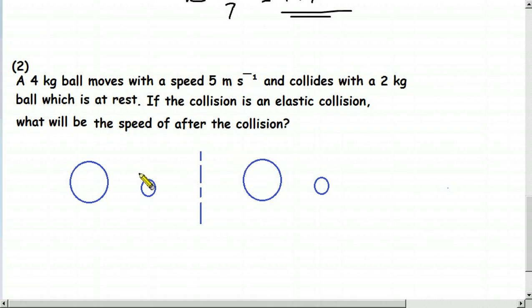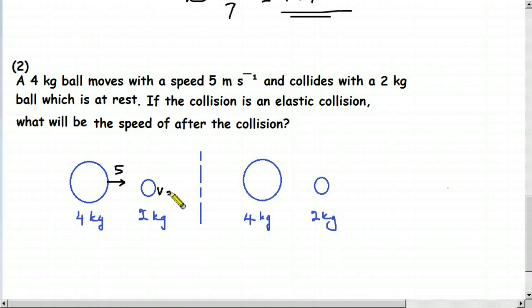So like this. 4 kilogram, this one 2 kilogram. The 4 kilogram ball moves with a speed 5 and collides with the 2 kilogram ball which is at rest.